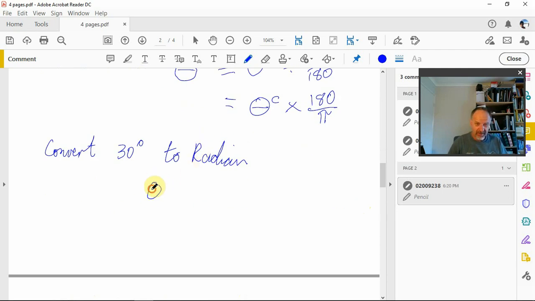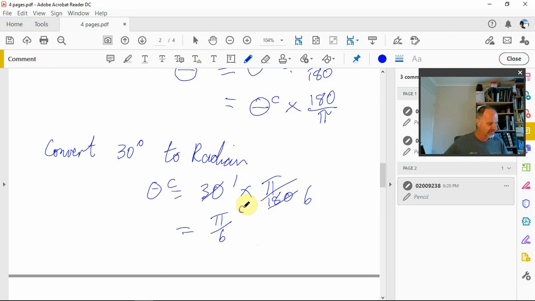So our angle in radian is 30 degrees times pi on 180. And 30 goes into itself once and into 180 six times. So 30 degrees is the same as pi on 6 radian. Now, sometimes you see the c there, sometimes you don't.